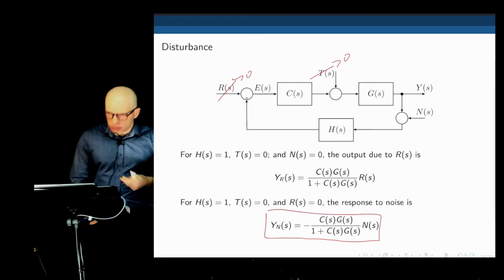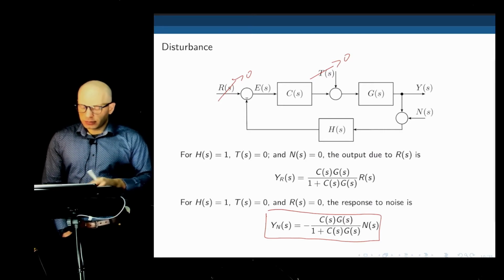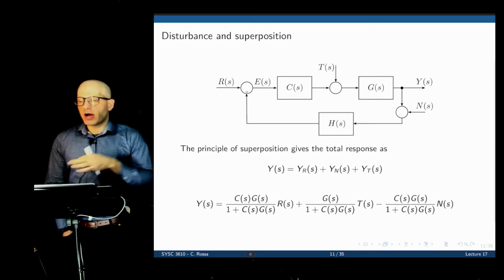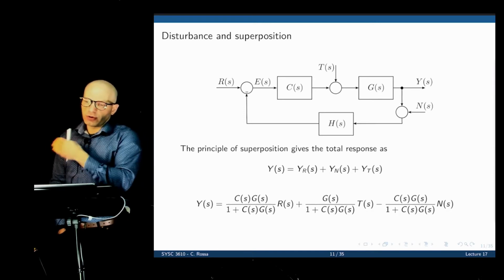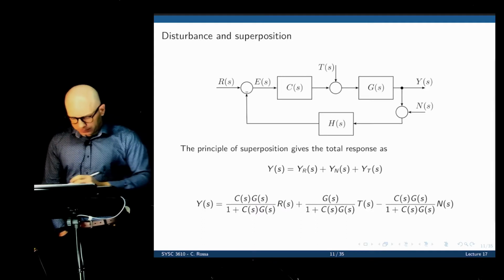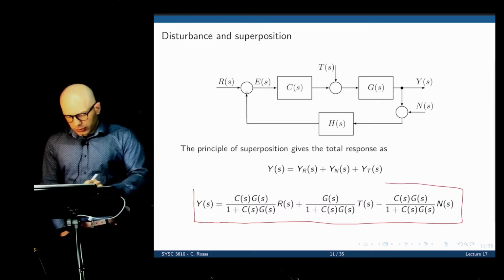So 3 inputs, evaluating one at a time. Because the system is linear time invariant, superposition applies, which means that the final output of the system is a linear combination of all three inputs. So you can simply add everything up. And here is the final output of this system.